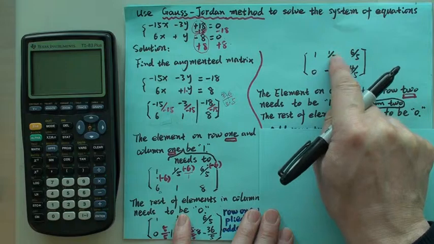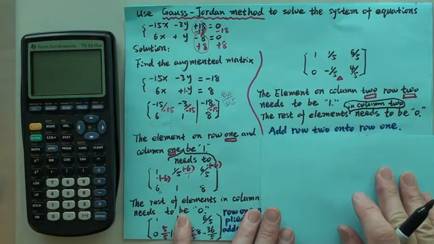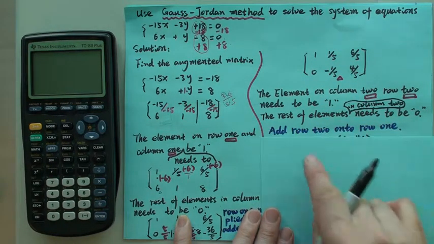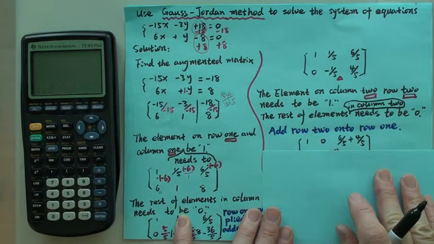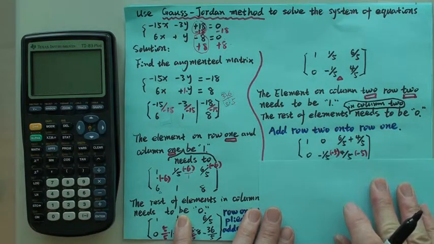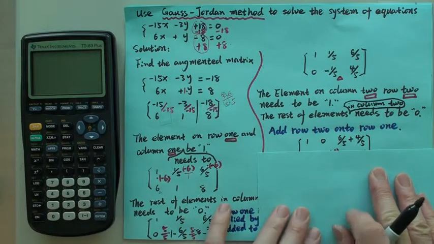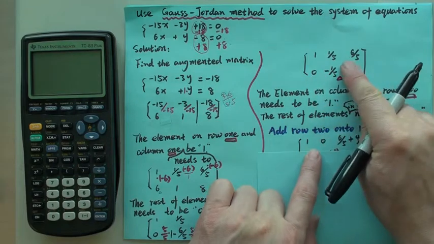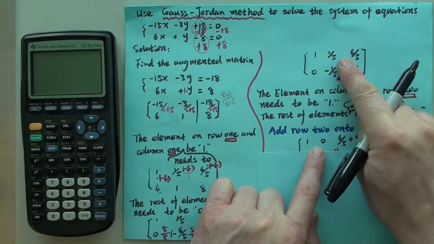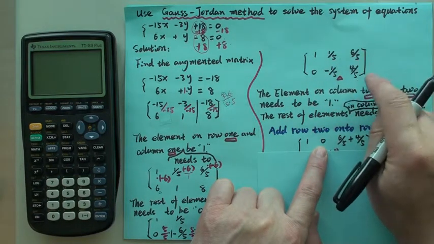This element can be 0 right away. So what I did is add row 2 onto row 1 first. Then you can see 1 plus 0, that's 1. And 1/5 minus 1/5 is 0.